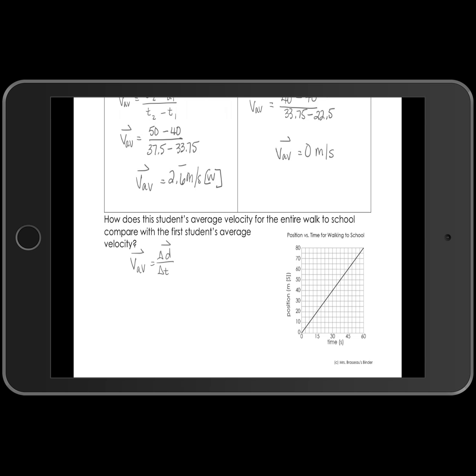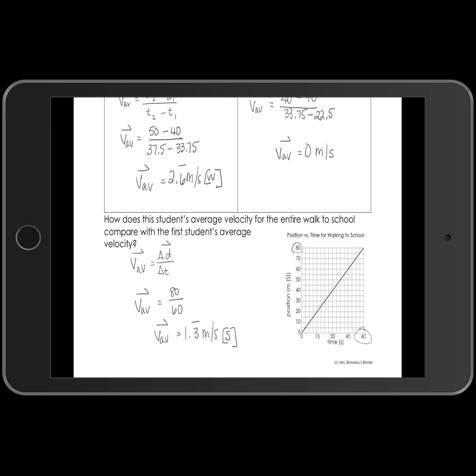So this student went 80 meters in 60 seconds, their average velocity is going to be 1.3 meters per second, and they are headed south.